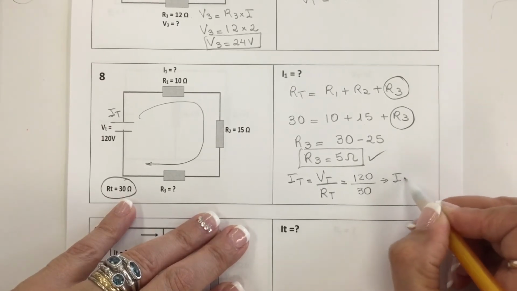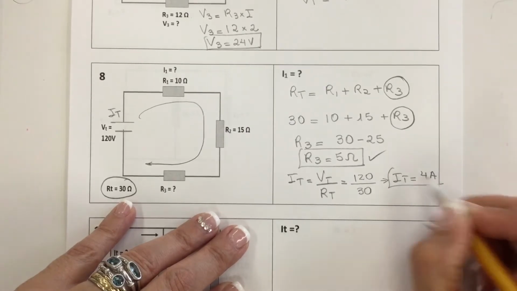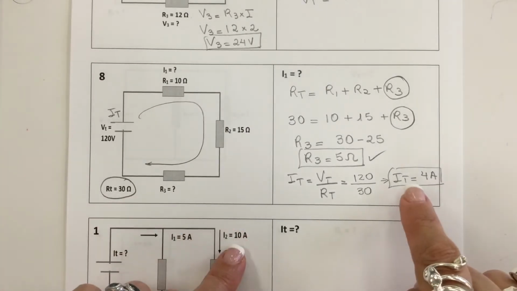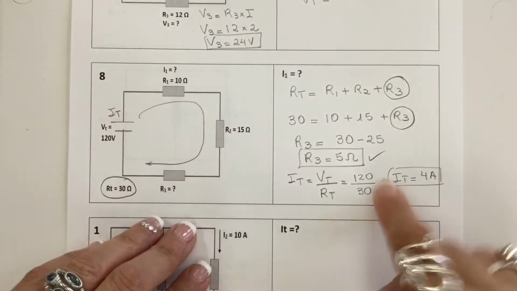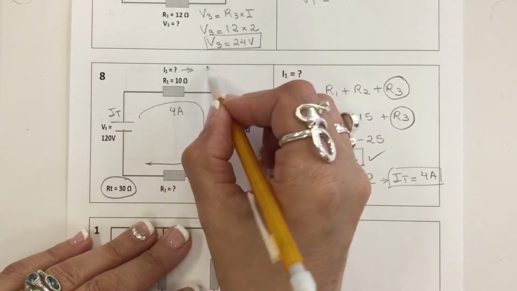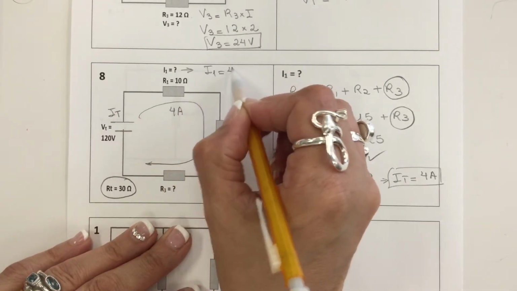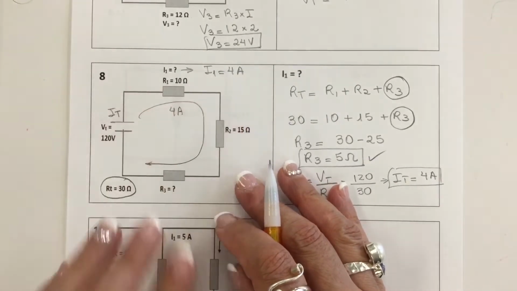So my IT is 4 amps. Since IT and I1 and all the current flowing in the circuit is the same, I can say that my I1 is also 4 amps. So the current flow in this resistor is 4 amps.